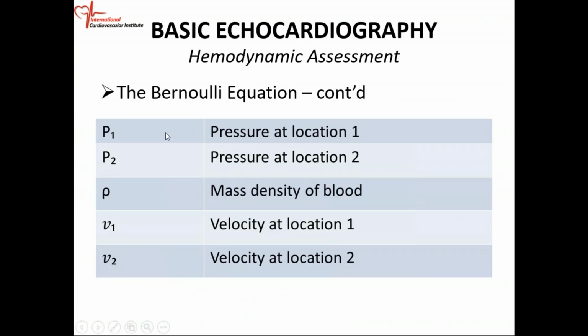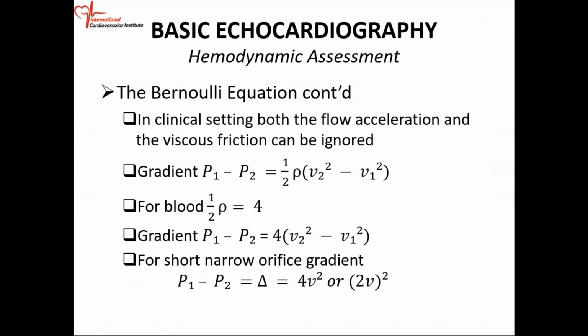Okay, so again, P1 is the pressure at location 1, P2 pressure at location 2, rho is the mass density or just the density of blood, V1 velocity at location 1, and V2 is velocity at location 2. So when you plug that in the equation, assuming that because we're dealing with blood in the clinical scenario, the flow acceleration and viscous friction, you can just ignore that, okay?